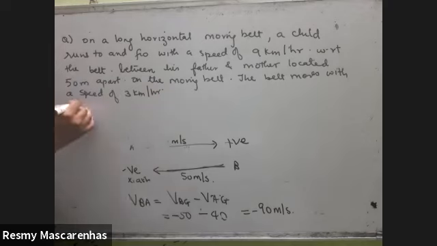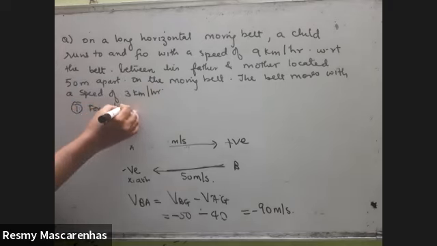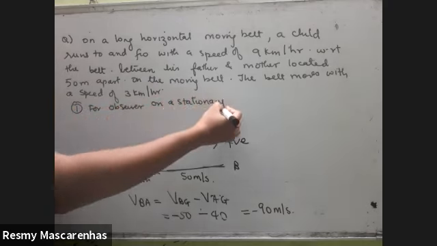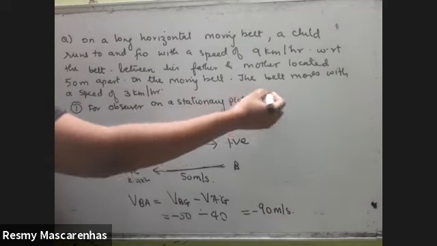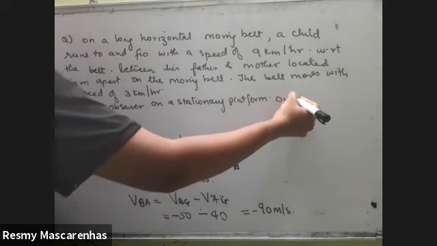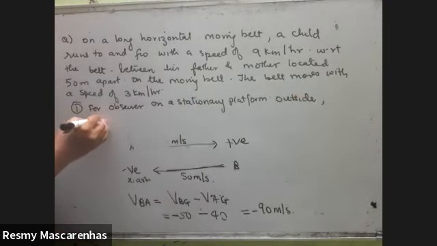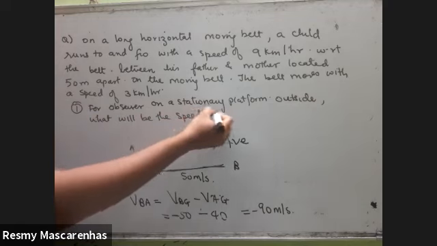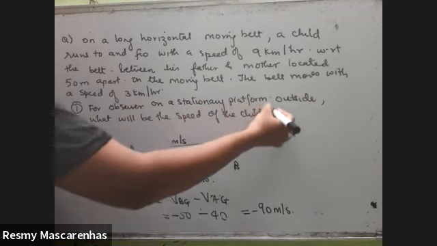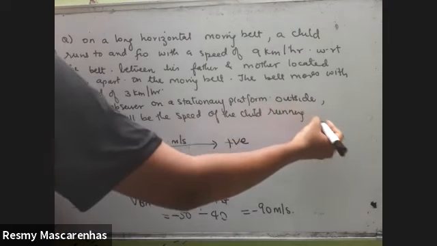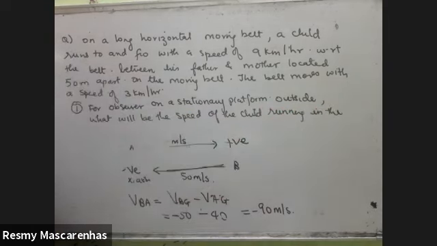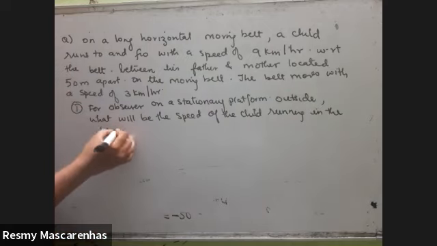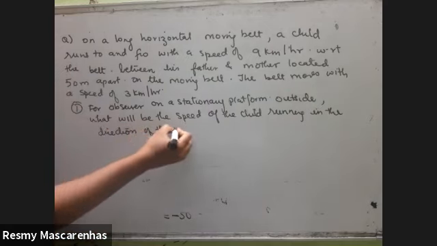For an observer on a stationary platform outside, what will be the speed of the child running in the direction of the motion of the belt?